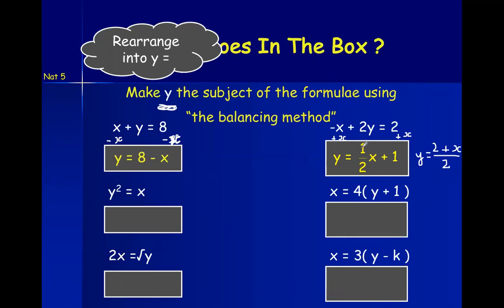Or you can do it the way where you go 2 over 2 plus x over 2, or half x plus 1. So if you decide to write 2 over 2, you need to make it a 1. In this example, they've made it y equal half x plus 1. That could be a question where they ask you, what is the gradient of this line and what is the y-intercept? Then you would need to write it like this to make it easier, because then you know this is m and this is c.